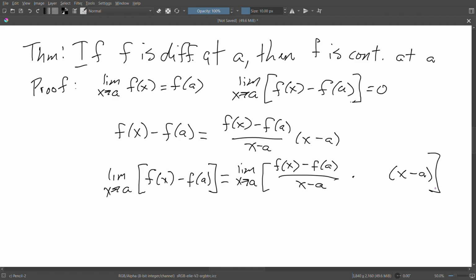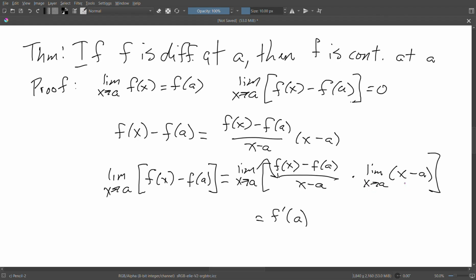So I can do multiplication inside or outside. So that means I'm going to distribute this limit right here, and I can also write it again right here. Well, now what does this mean? This limit, the left one, the limit of the quotient, that's just the definition of the derivative at a. So we needed that f was differentiable at a in order for this to make sense. So this is going to be f prime evaluated at a.